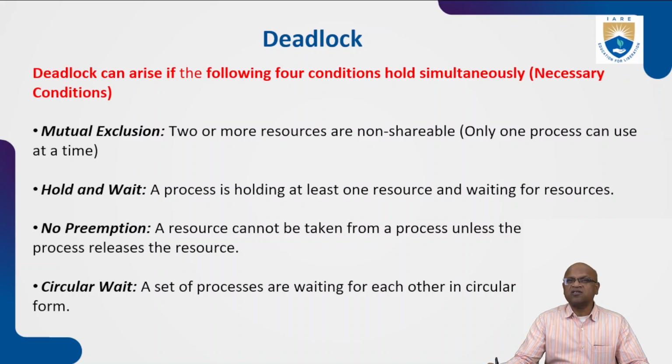Unless process 3 releases, process 1 will also not release. This is because of non-preemption. We cannot forcefully vacate the process or make it release the resource from its holding, so a set of processes keeps waiting in a circular form.